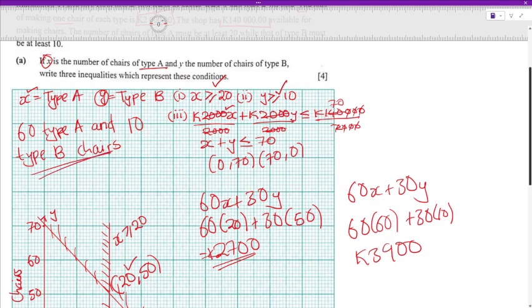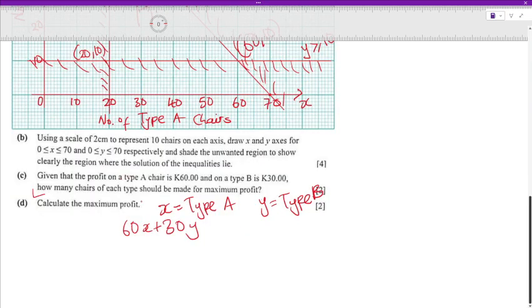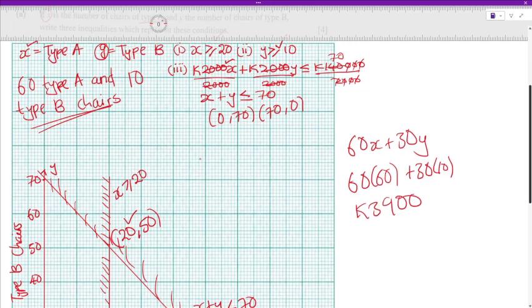Then obviously they are now asking you to find the maximum profit down there. Okay, let's just check. Calculate maximum profit. So we're simply going to give them this solution. The formula we used was 60x plus 30y.